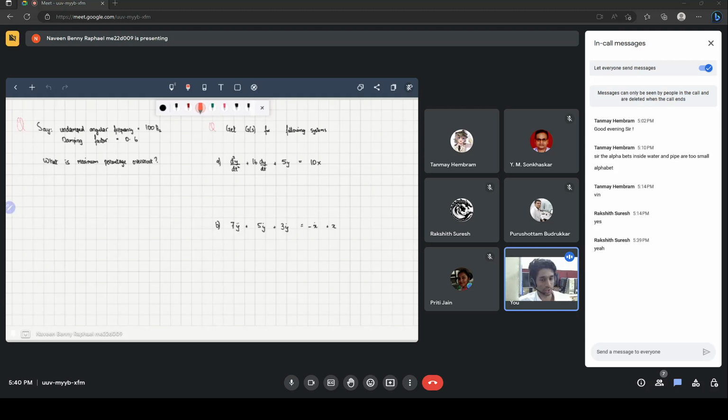So that question will just be a plug and chug. So the equation in this case is e to the power... this will be the value and then u.